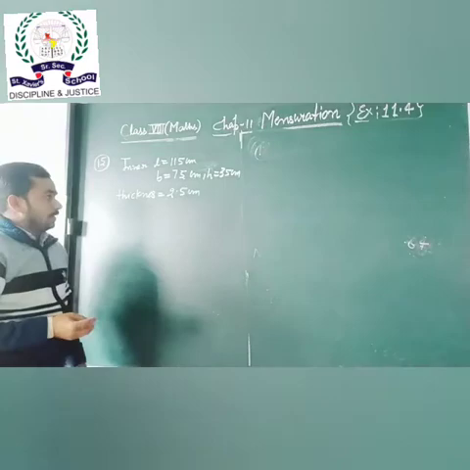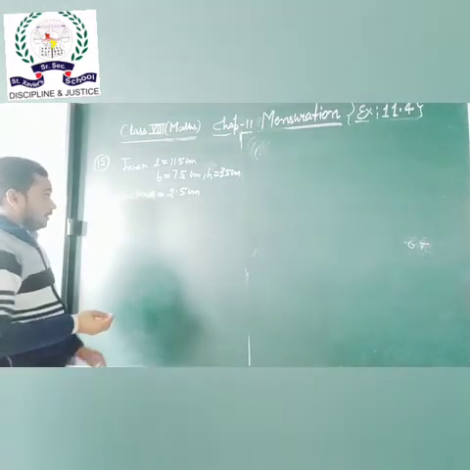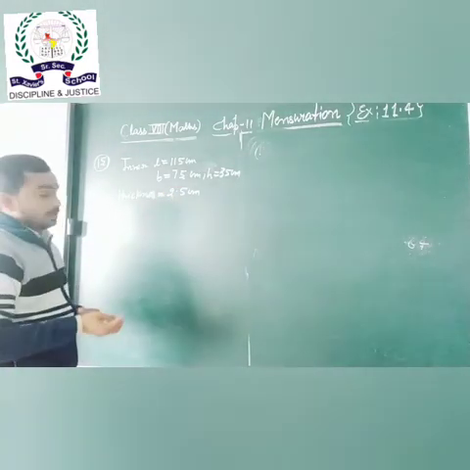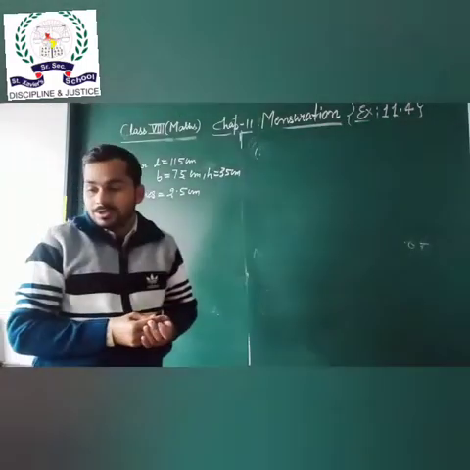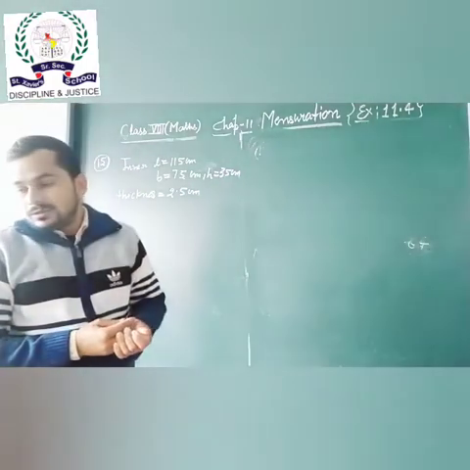Then find the volume of the wood. So first we have to find out the external value, then subtract the internal value from the external value. So we get the volume of the wood.